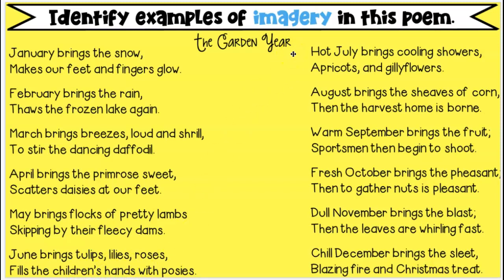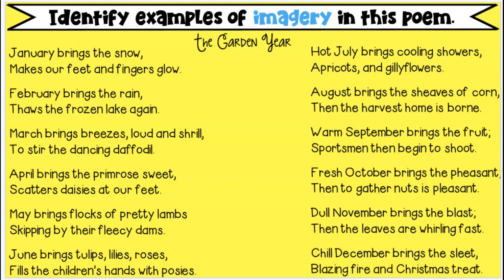Hot July brings cooling showers, apricots and gillyflowers. August brings the sheaves of corn, then the harvest home is born. Warm September brings the fruit, sportsmen then begin to shoot. Fresh October brings the pheasant, then to gather nuts is pleasant. Dull November brings the blast, then the leaves are whirling fast. Chill December brings the sleet, blazing fire and Christmas treat.